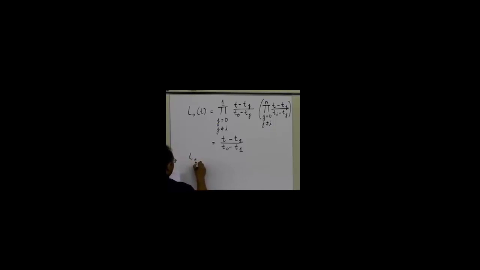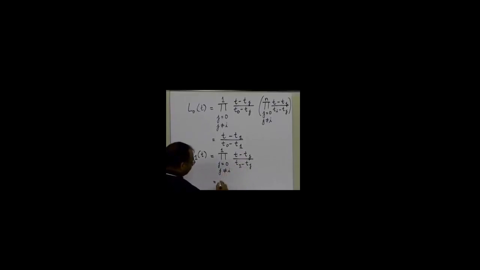Now L1 of t, which is the other weighting function, will be going from, again, j equal to 0 to 1, j not equal to i, of t minus t sub j divided by t1 minus t sub j. The only difference with the previous expression is that instead of 0, you now have 1. So you start from j equal to 0, which is not equal to i, because i is 1.